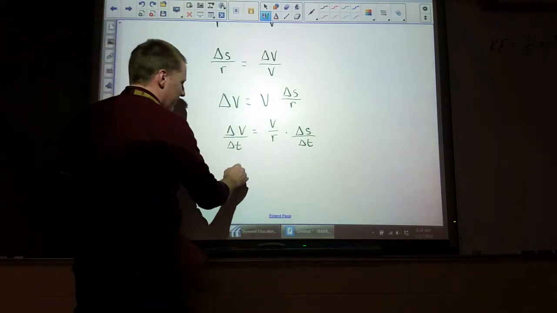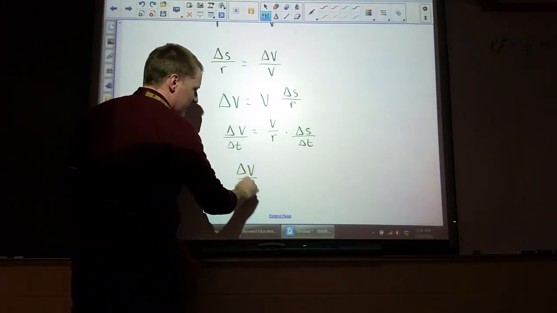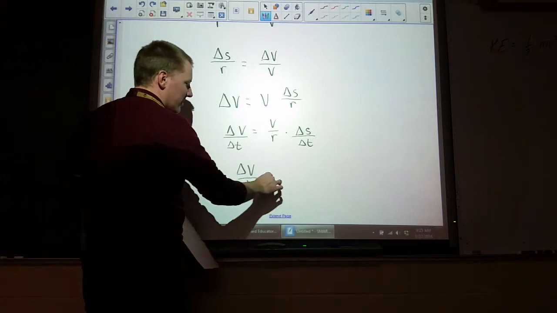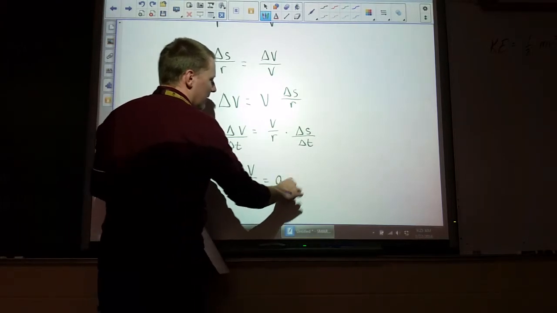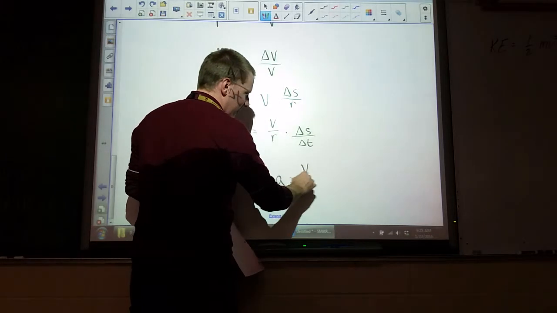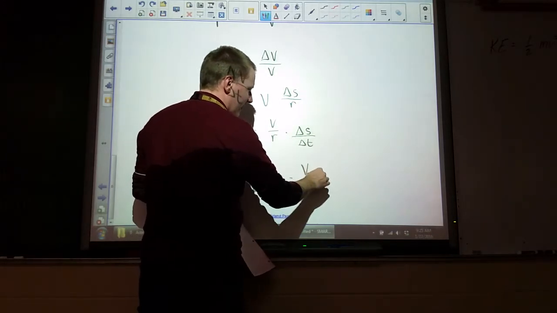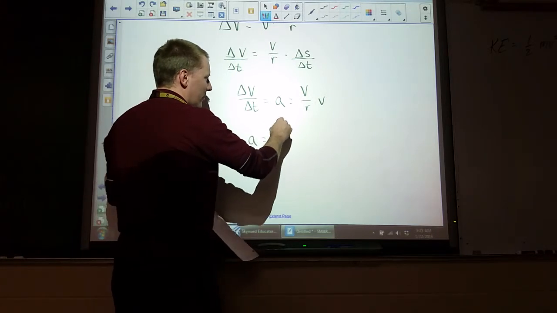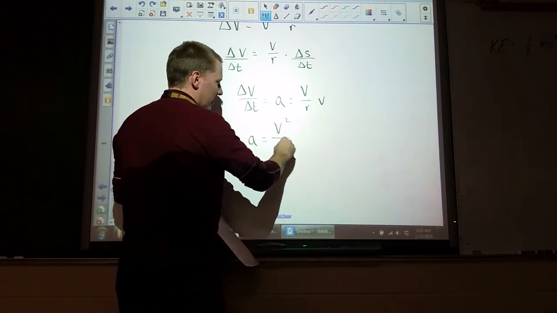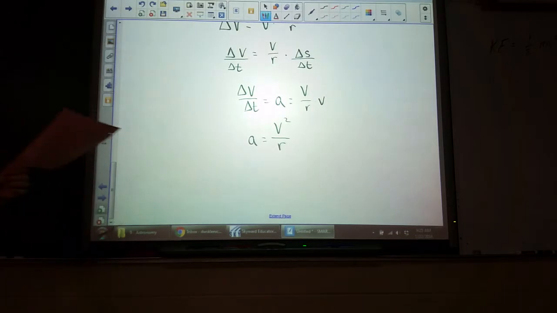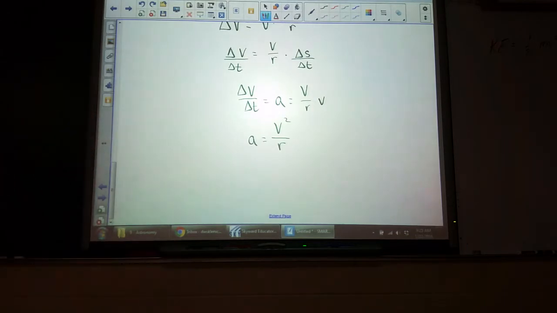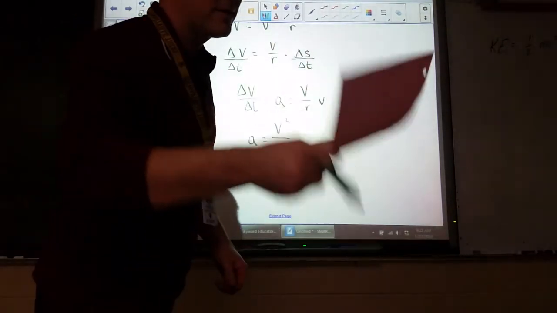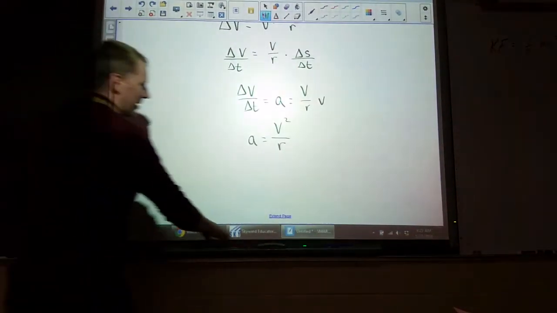That's another V. So this is delta V over delta T. That's equal to the acceleration, which is equal to what we've got here, V over R times another V. So when we're talking about something moving in circular motion, we find that for the acceleration, which you probably recall from the books. I will correct my penmanship on that, because that would make it a lot easier.